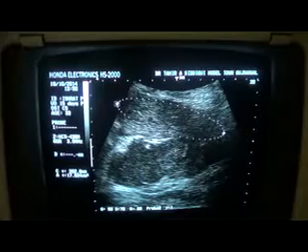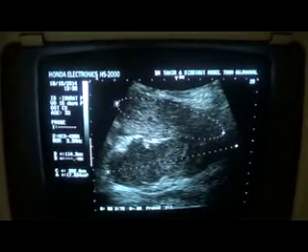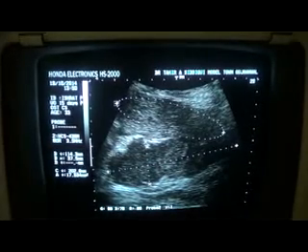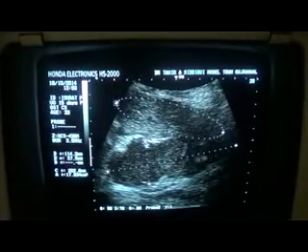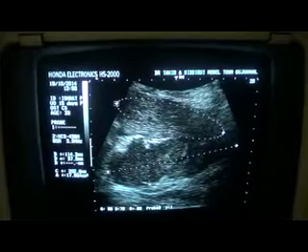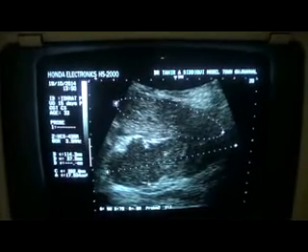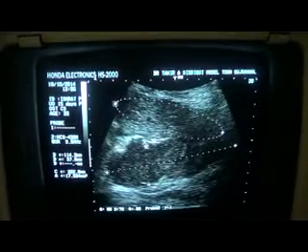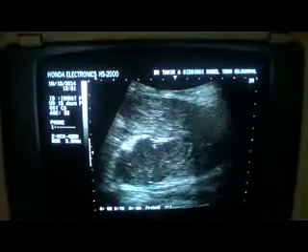This is all a fluid pocket, measuring approximately 11.4 centimeter in length posterior to the uterus, and 3.7 centimeter in anteroposterior diameter, with multiple echogenic particles within it.